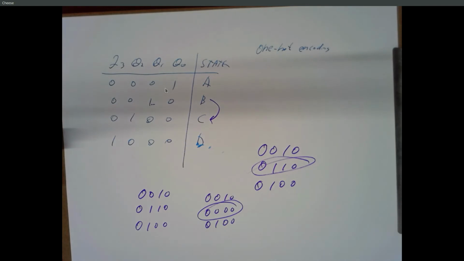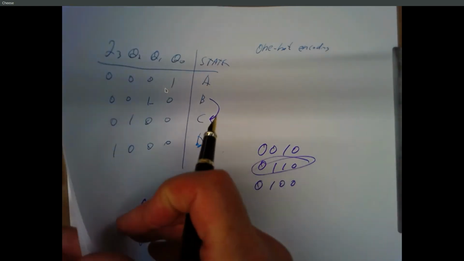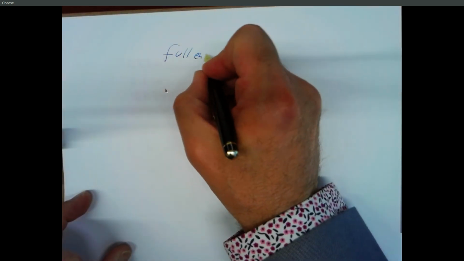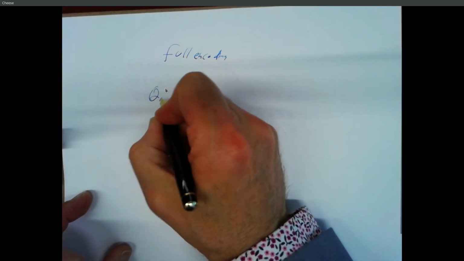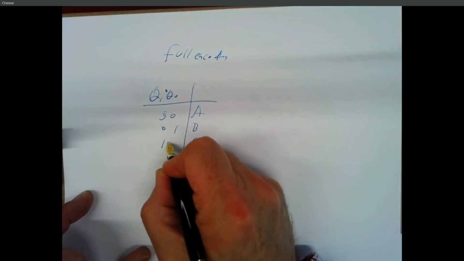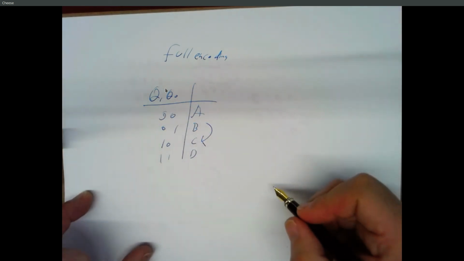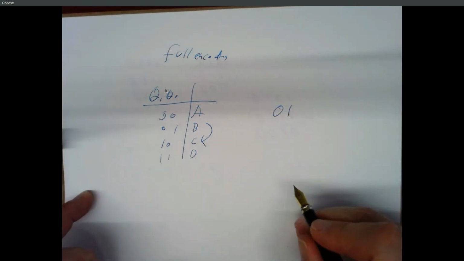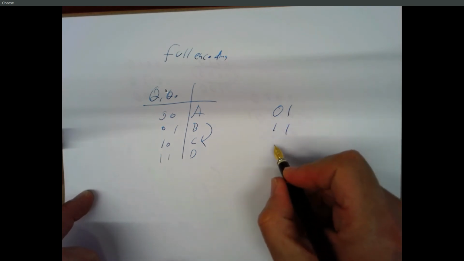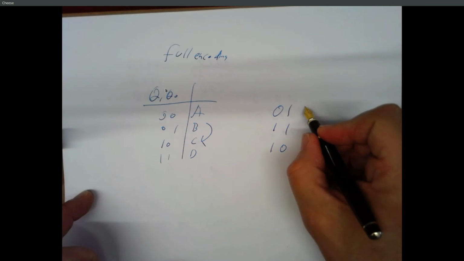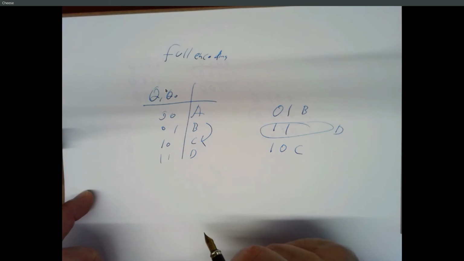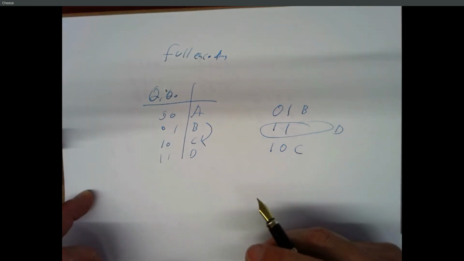Now, if we use full encoding, which is what we've been using, it's a very different situation. If we're going from, say, state B to state C, and Q1 changes first, before Q2 changes, we started in B and eventually ended up in state C, but in between we went into a valid state D, and D might be the emergency shutdown state.